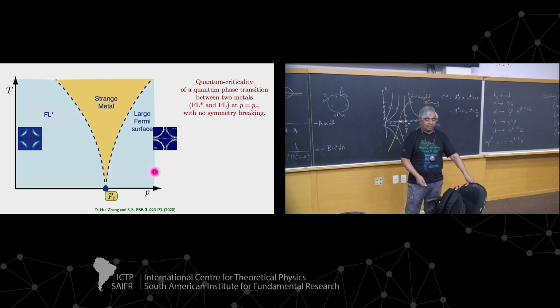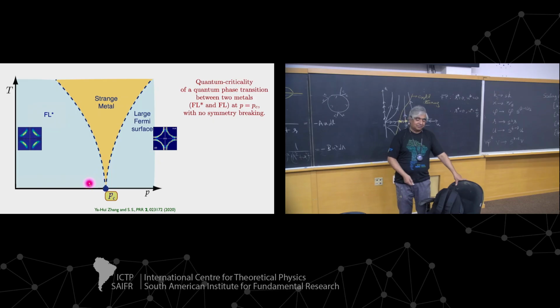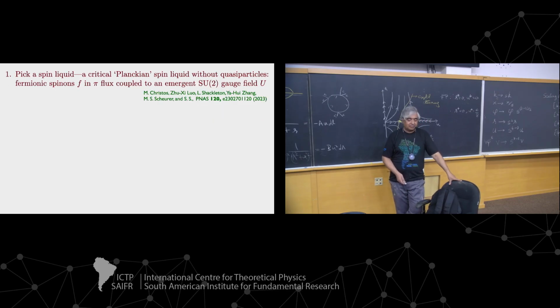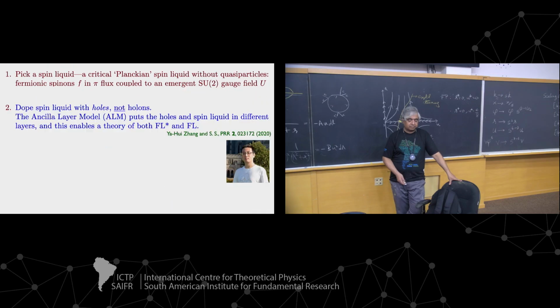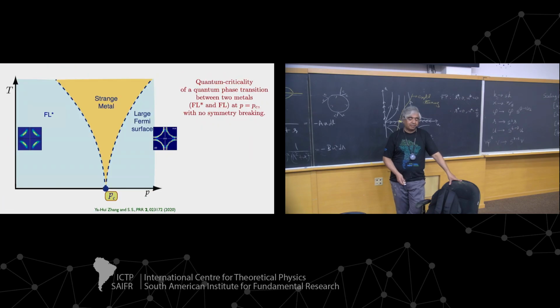So how do you describe this theory? I haven't discussed that at all, but you describe it by introducing a Higgs field, phi. The Higgs field carries some emergent gauge charge that's associated with the spin liquid. And when it's condensed, you get the small Fermi surface.